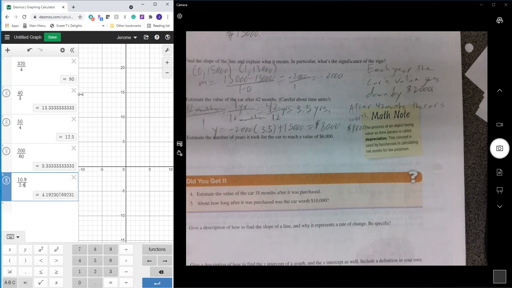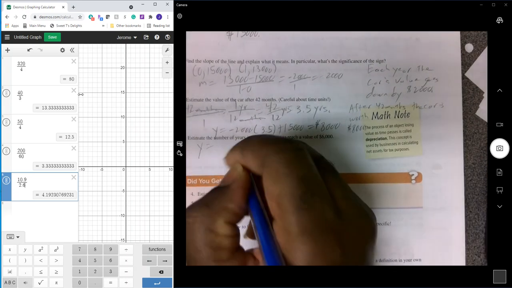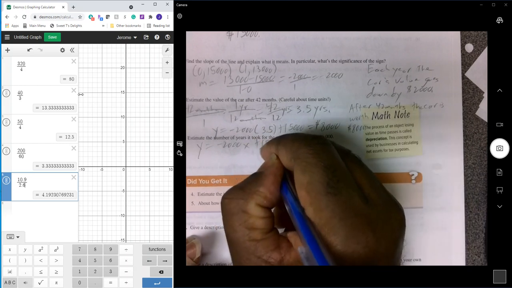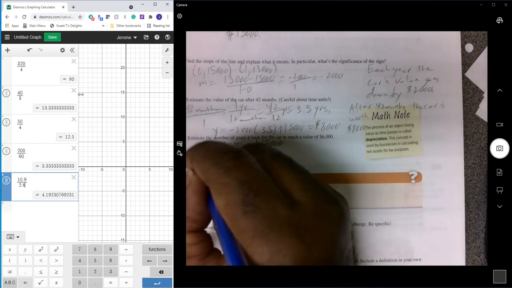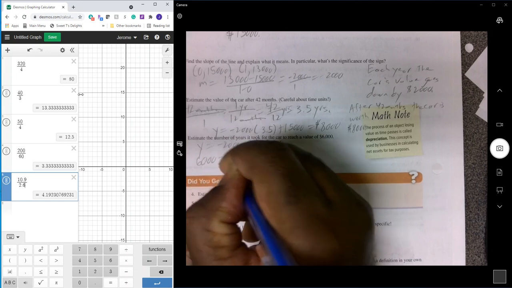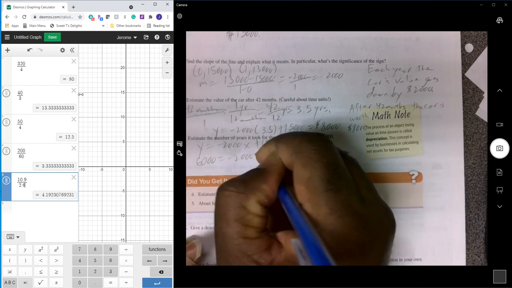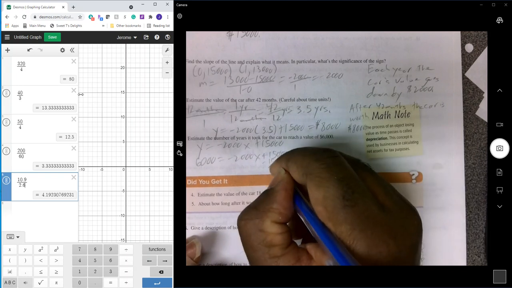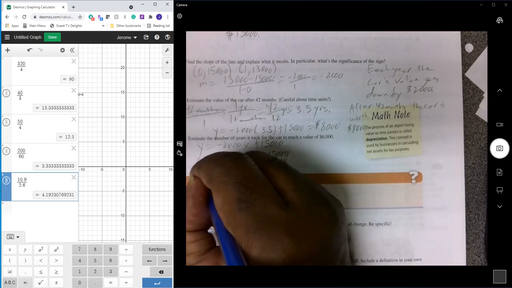Okay, 17. Estimate the number of years it took for the car to reach a value of $6,000. So we have y equals negative 2,000x plus 15,000, and we'll put $6,000 in for y and then solve for x. We'll subtract 15,000 on both sides.